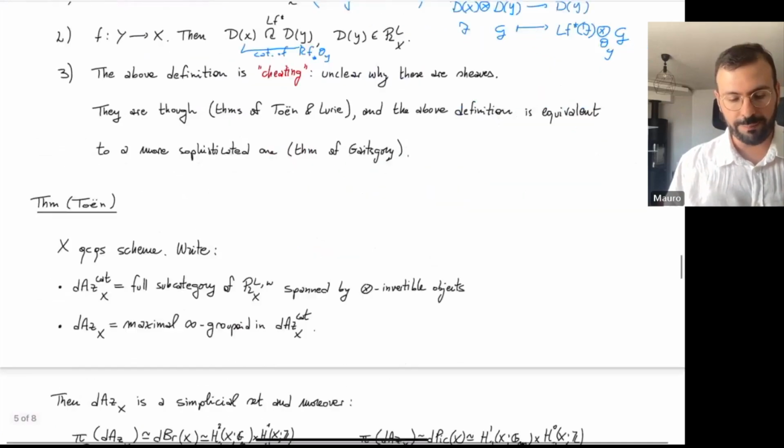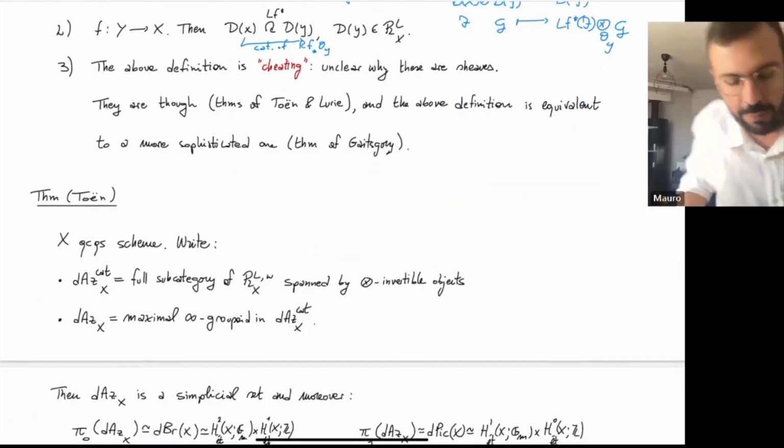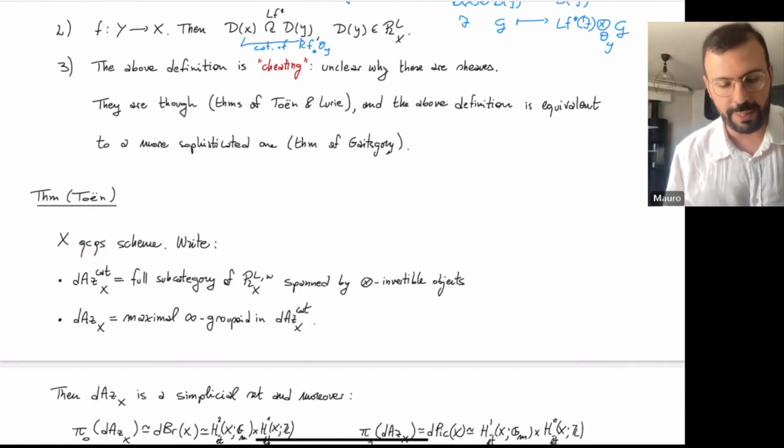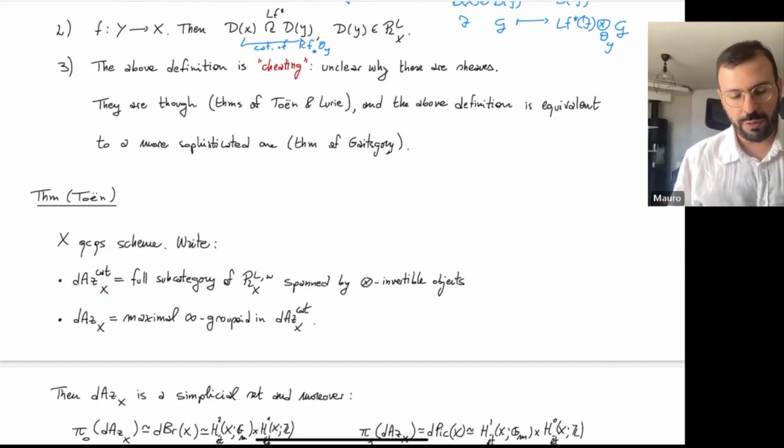coming back to reality. So this is the main result of Toën in his paper. We start with some quasi-compact, quasi-separated scheme. We give these two definitions. So the derived Azumaya category is the full subcategory of these categorical sheaves spanned by tensor invertible objects.